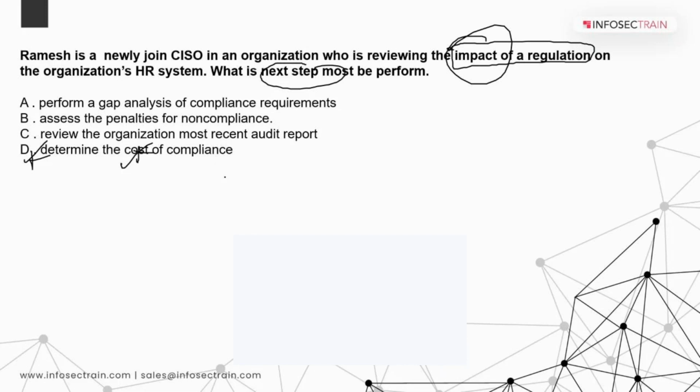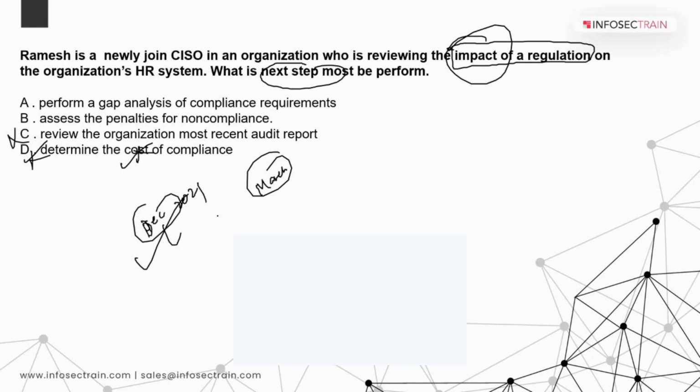You will get a finding, maybe from the annual audit in December 2021, right? And he joined in March. How can you identify the impact of regulation on the organization through an old audit? Never, right? Another option out: assess the penalties of non-compliance.